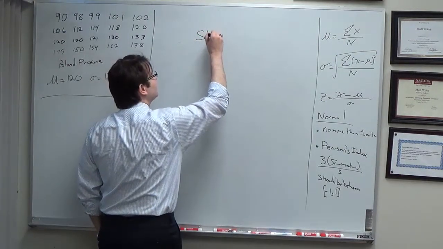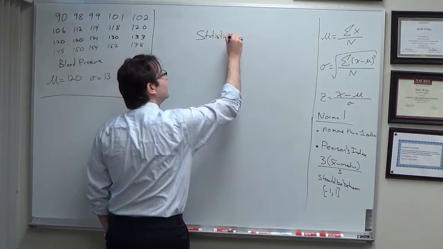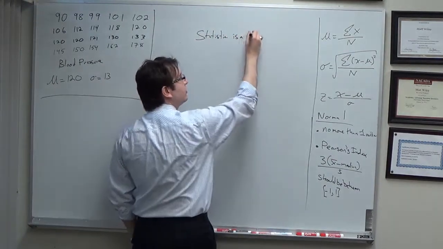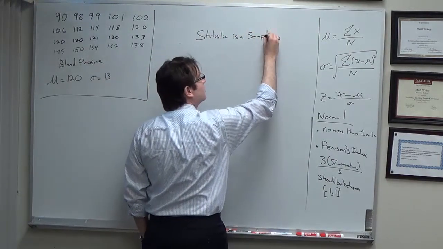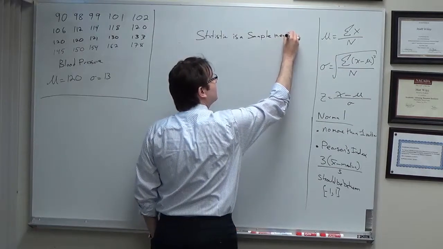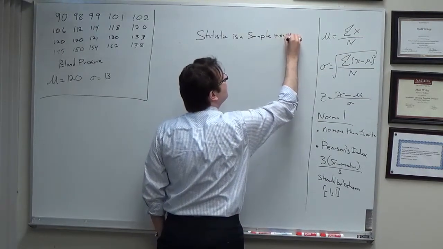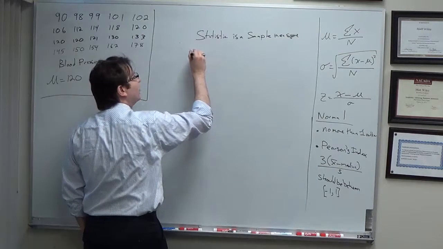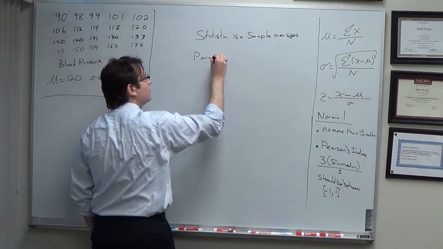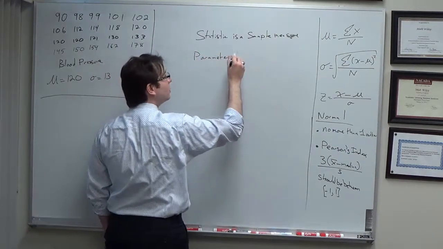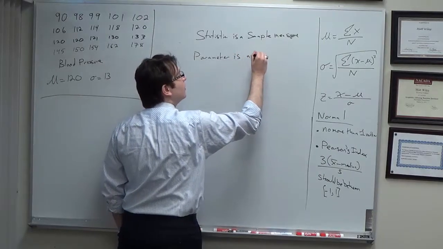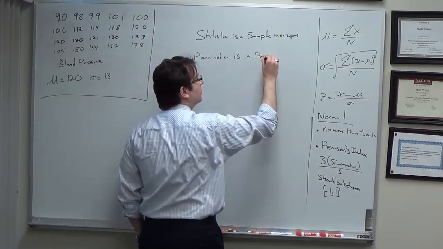A statistic is a sample measure, while a parameter is a population metric.